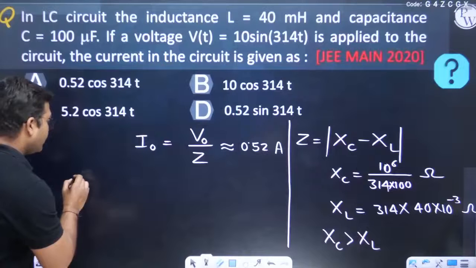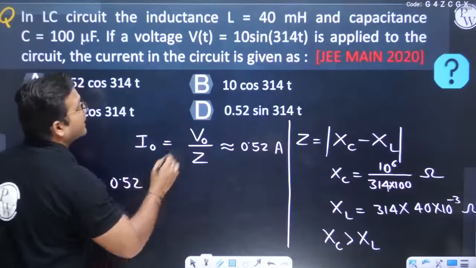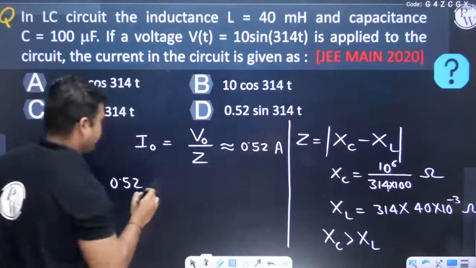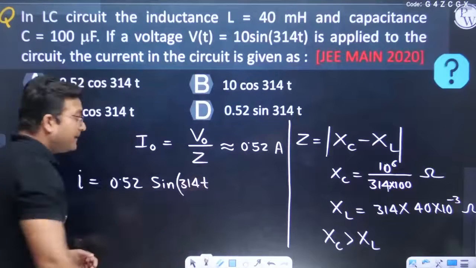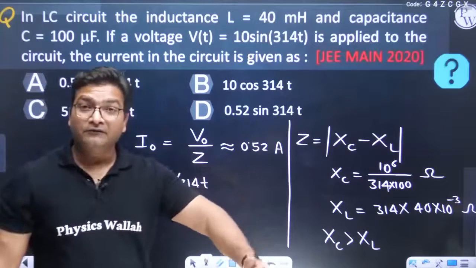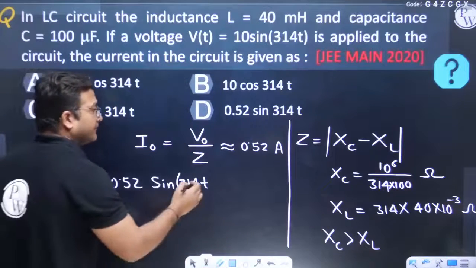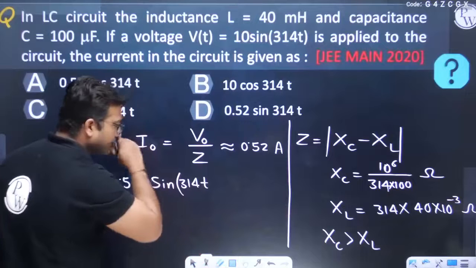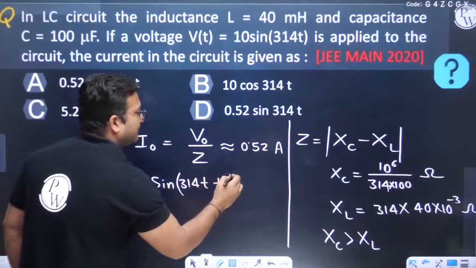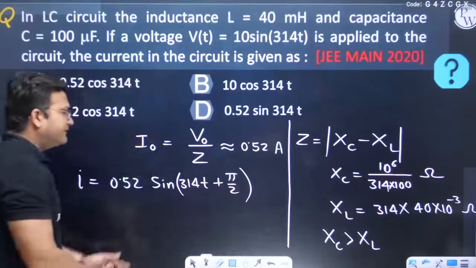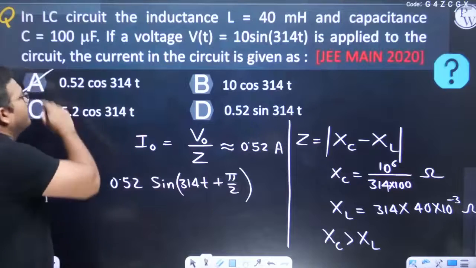So the current can be written as I naught, which is 0.52, times sine 314 t, but the current would be 90 degrees leading with respect to voltage as XC is bigger and the circuit is purely capacitive, because inductance is small. So we have plus pi by 2, and sine omega t plus pi by 2 will be cos omega t. So A is your perfect choice.